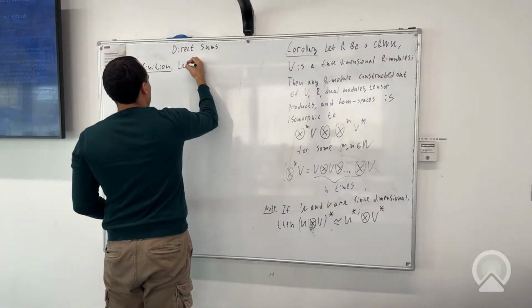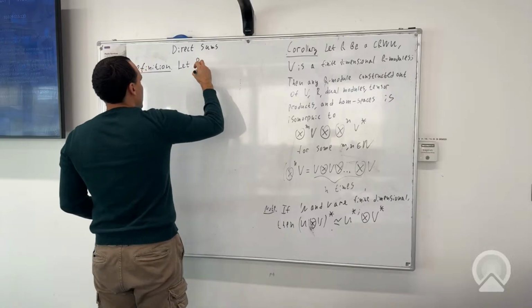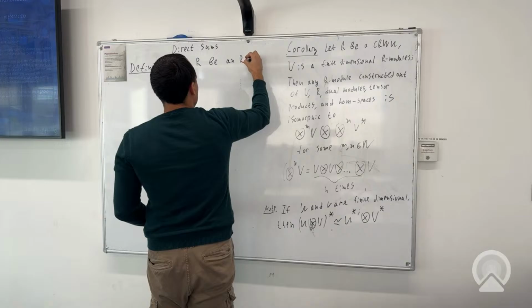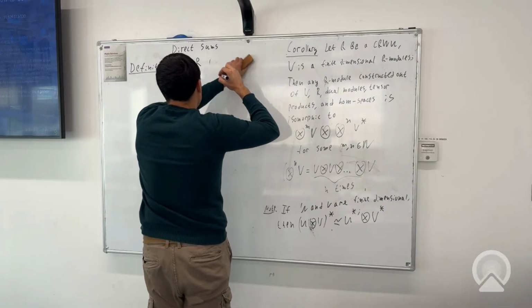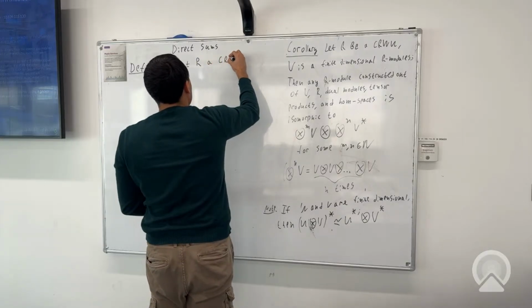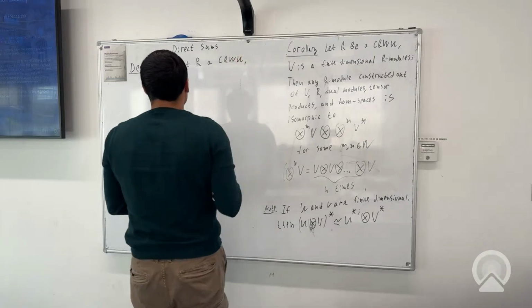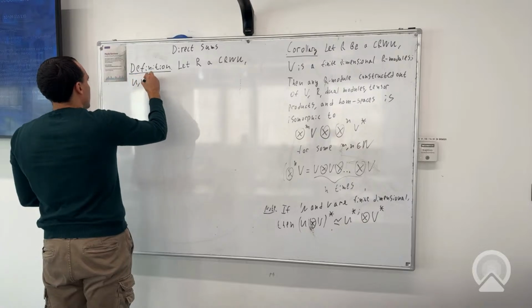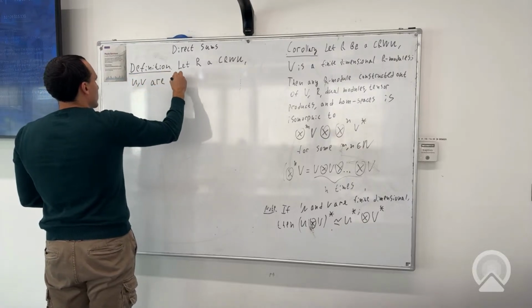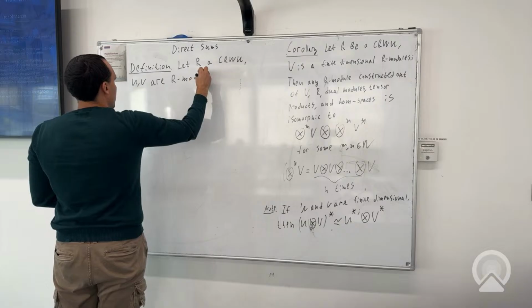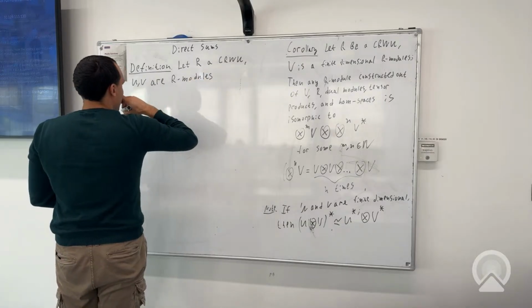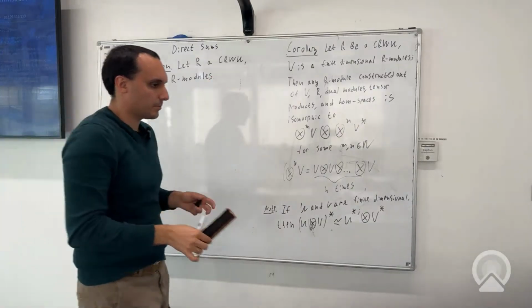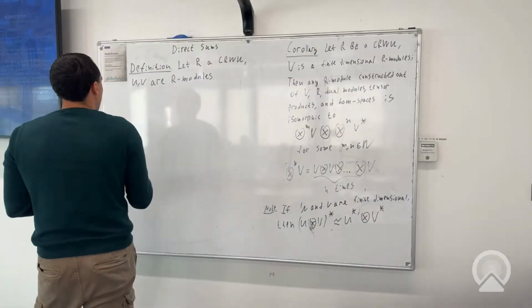So let R be a commutative ring with unity, and U and V maybe are modules. And here I will give a concrete definition.